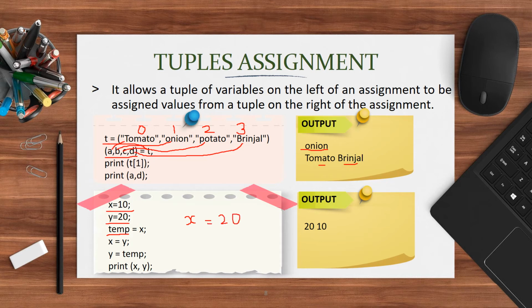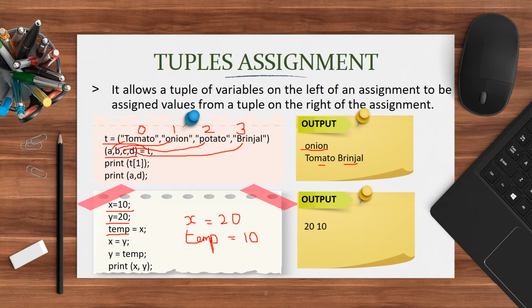So y is equal to temp. In the temp variable I have the value 10, which was x's value, so it was assigned to the temporary variable.